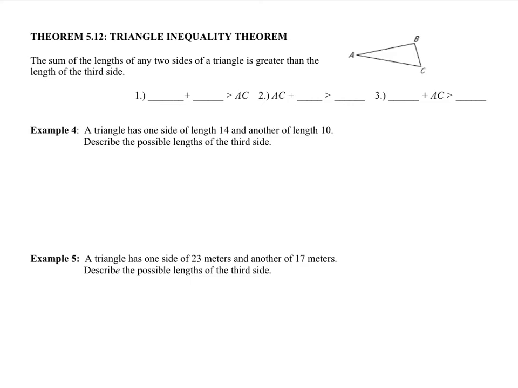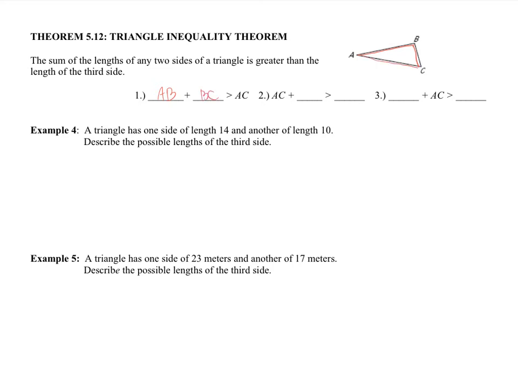Theorem 5.12, the triangle inequality theorem, states that the sum of the lengths of any two sides of a triangle is greater than the length of the third side. So that creates three possibilities. The first one could be AB plus BC greater than AC.